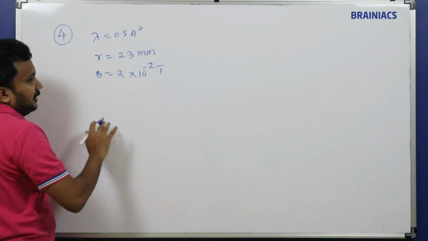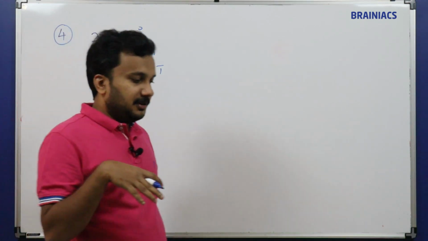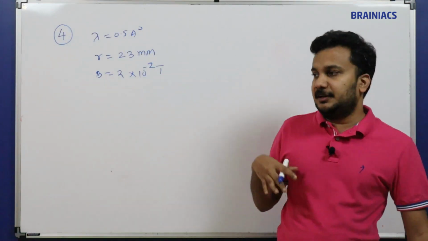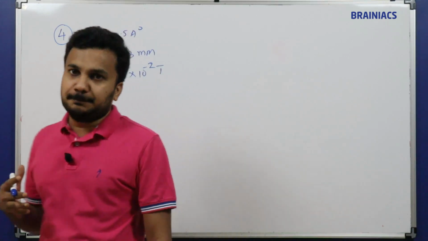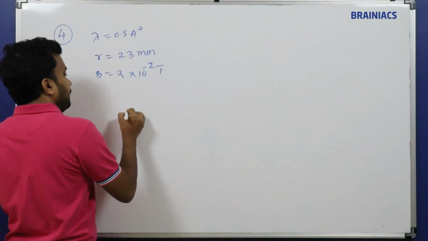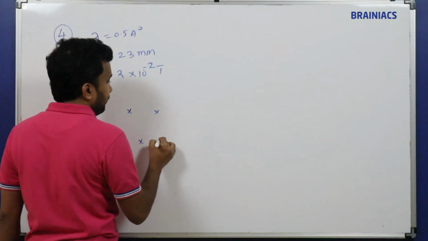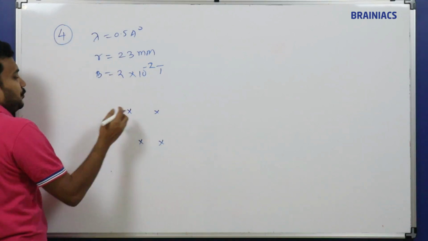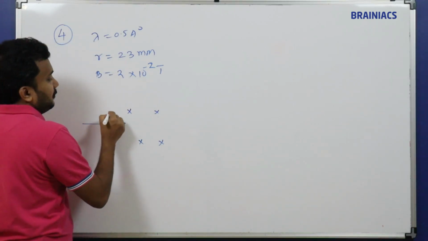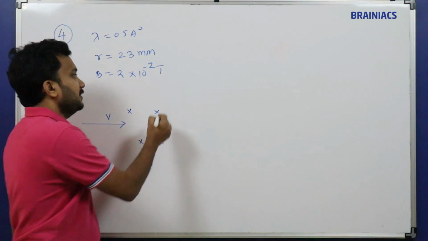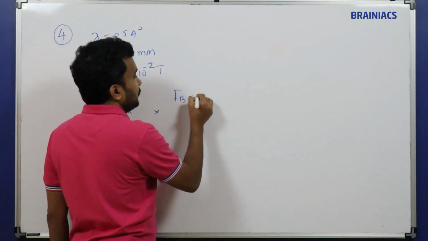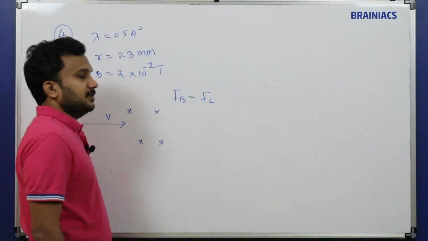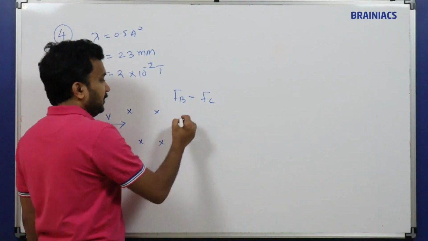So we know, when an electron is moving in a magnetic field, we have learned this. If you are giving a perpendicular magnetic field into the board, and you are throwing an electron like this, then I can say magnetic force is equal to centripetal force. This we have learned in magnetic field.